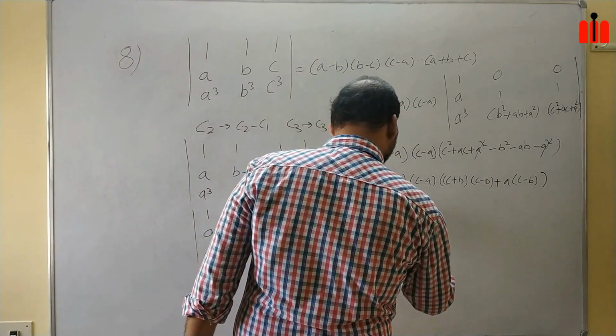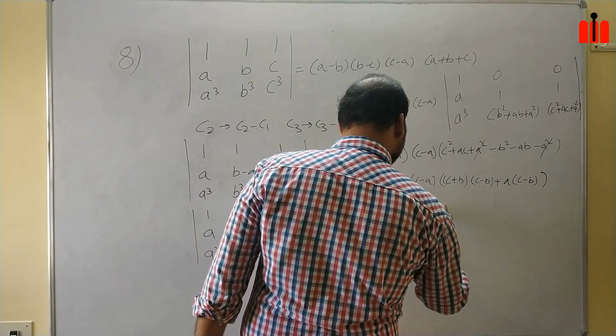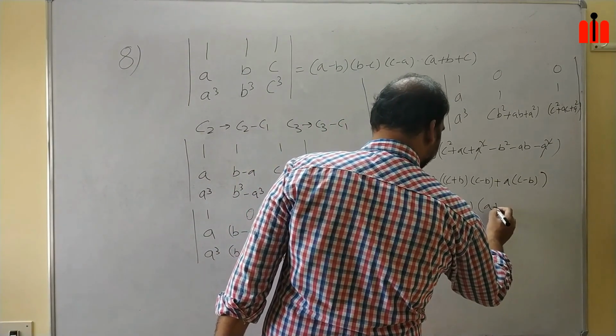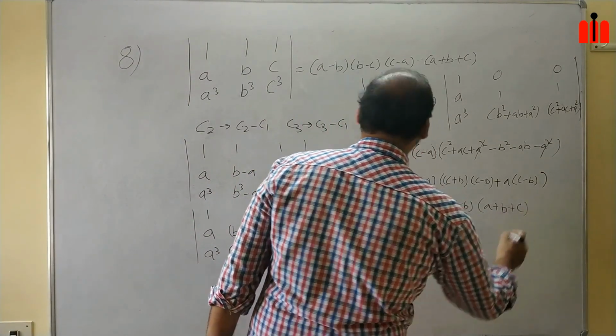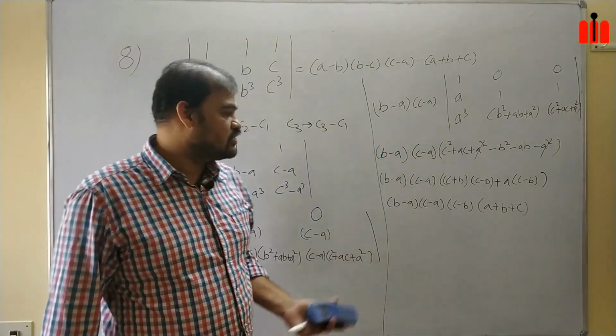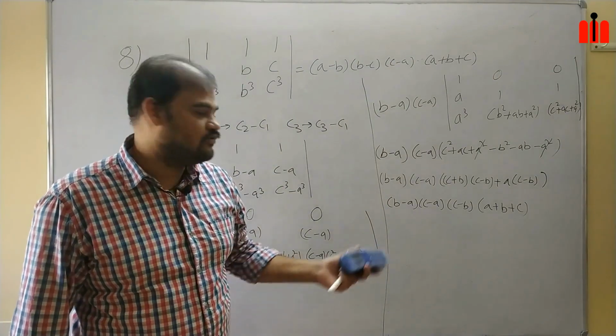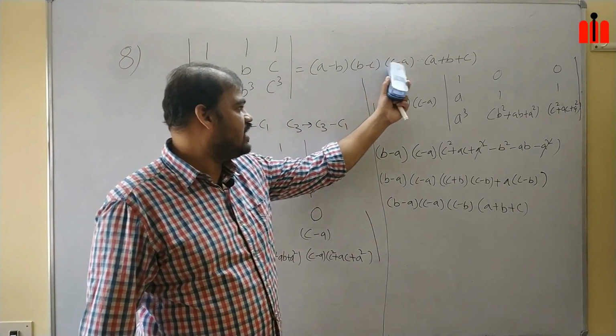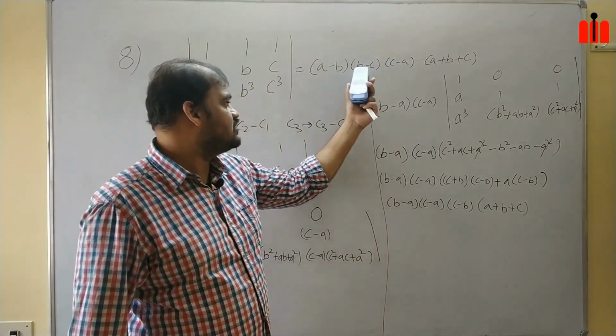So b minus a, c minus a, c minus b. Inside it is a plus b plus c. Okay, are you getting it? So this is what the problem is. We have to find the RHS. Now in this we are having b minus a and c minus a. So a minus b and b minus c.